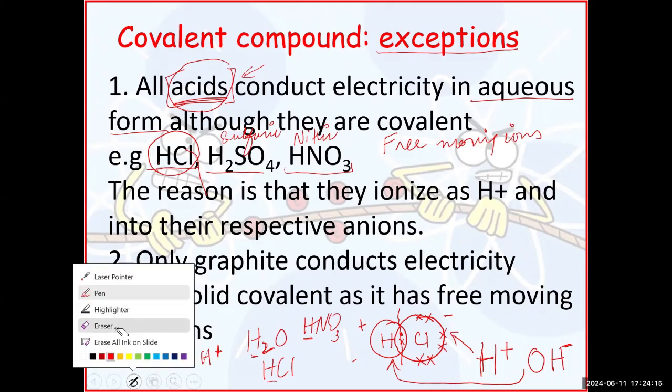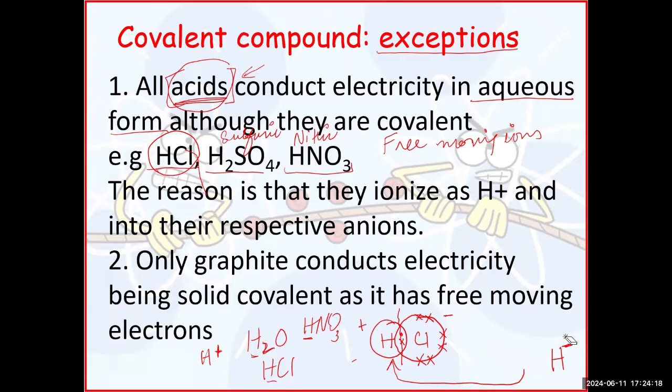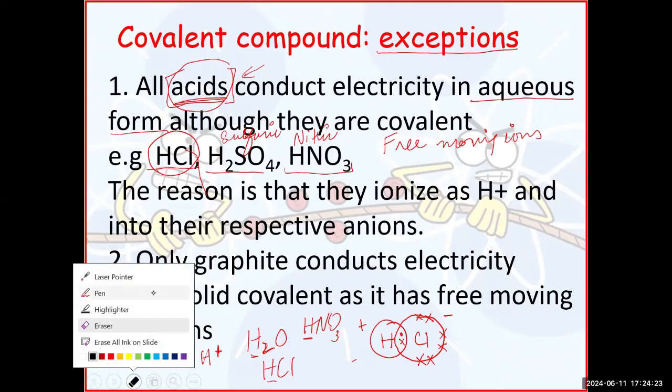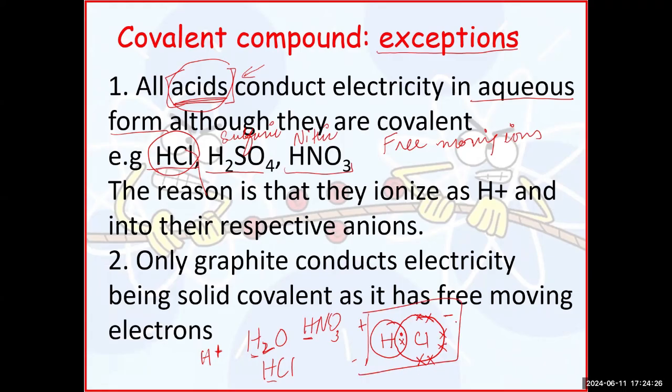If it is not dissolved in water, just like I said here, HCl, hydrogen chloride gas, unless it is aqueous, it will not conduct electricity. If it is a gas, HCl is a gas, so it is not ionized, so it will not conduct electricity. Only the class of acids, although they are covalent compounds, has this exceptional rule that they can ionize as H+ in the water, and that is why this H+ is a free moving ion and can conduct electricity.